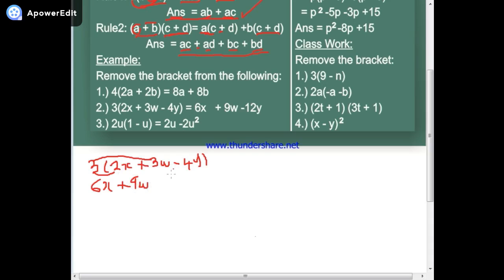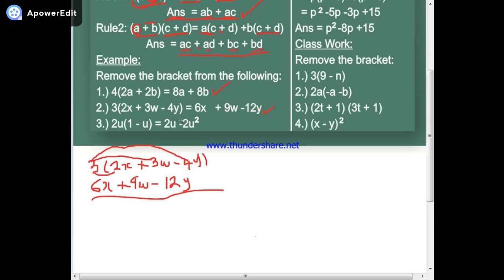And this minus will be there too. 3 times 4, that is 12, and the y joins it. So that is how we arrive at the solution of this. So we've done this too.